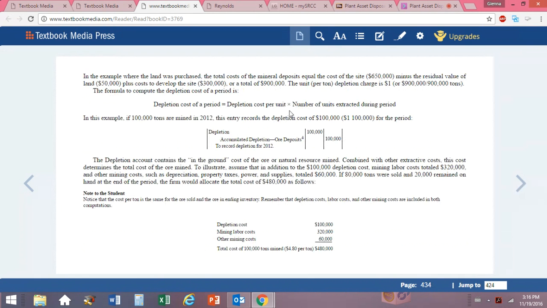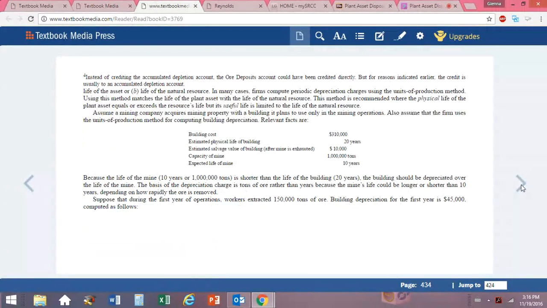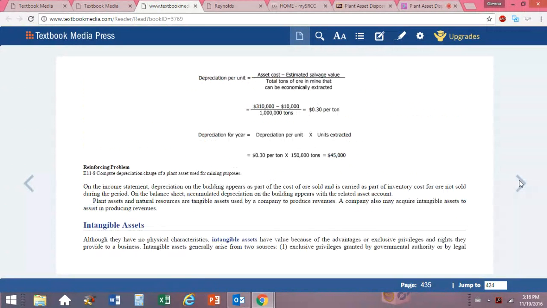Now, when you get over here in the example, 100,000 tons are mined. This entry records depletion of $100,000 because they came up with $1 per ton, and accumulated depletion on ore deposits, $100,000. Okay, not too hard. We're not going to look at extractive industry.